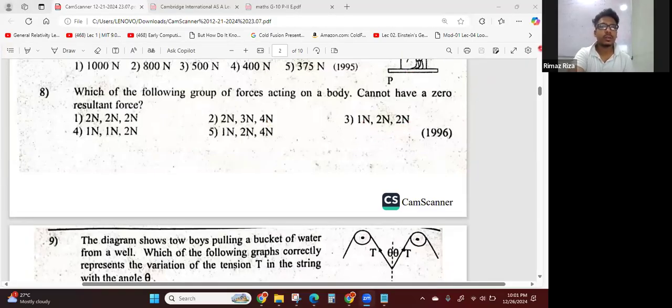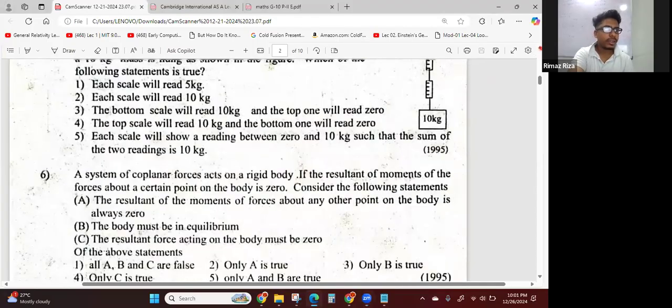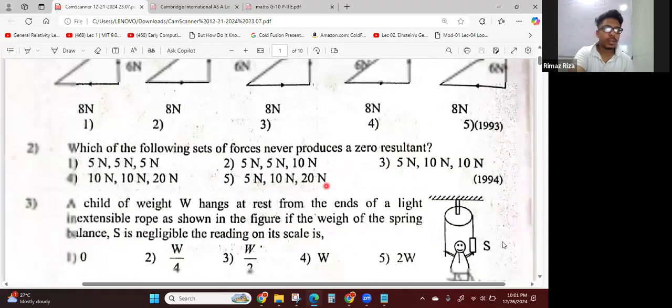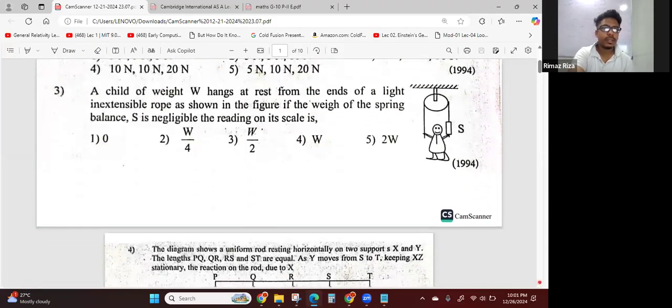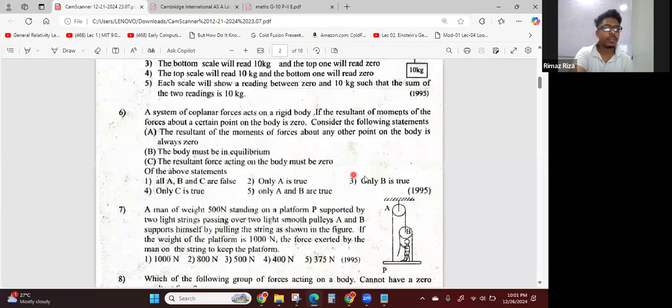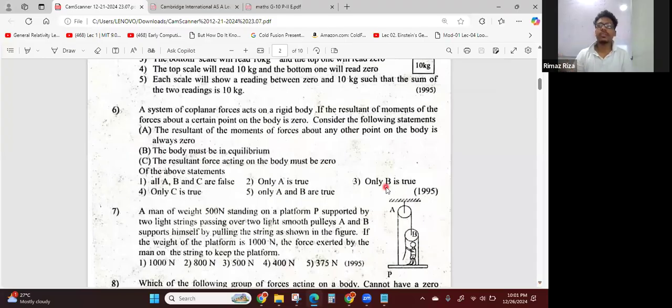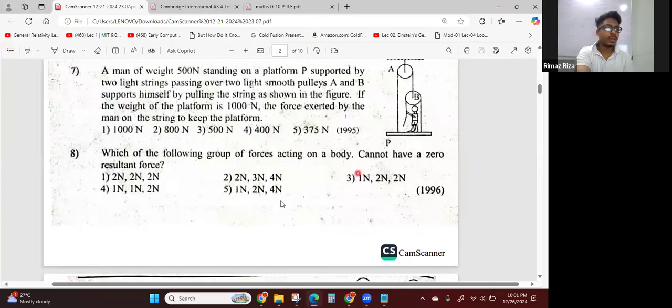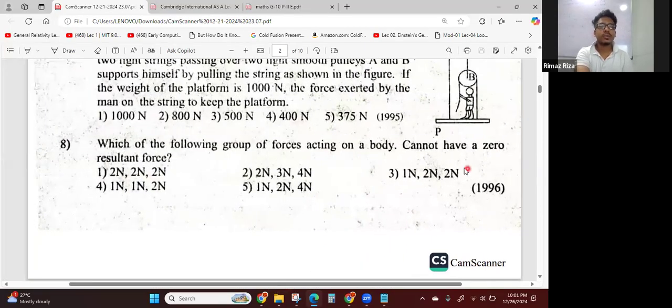Whoever did the 1994 past paper, let's say someone facing the exam in 1995, if that person has done the past papers of 1994, then he can answer this question. He might have already practiced this question. So you understand? It's really important to do more and more questions.